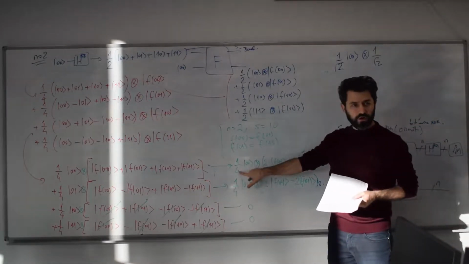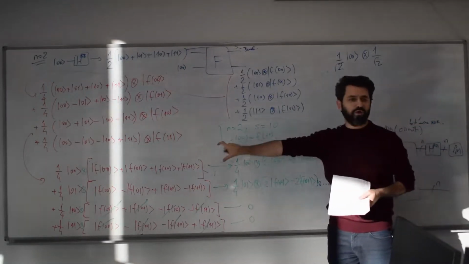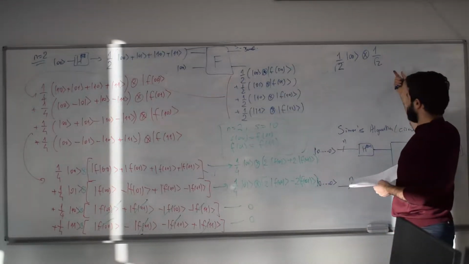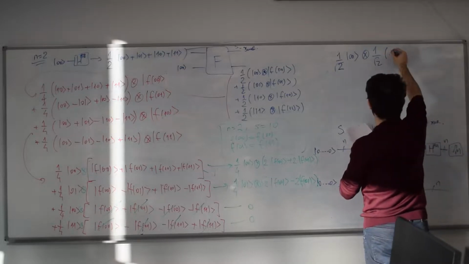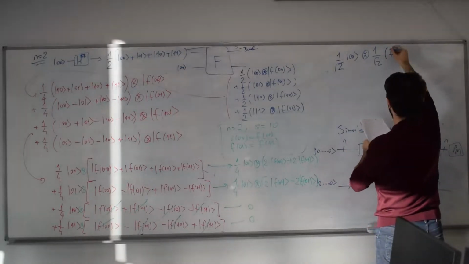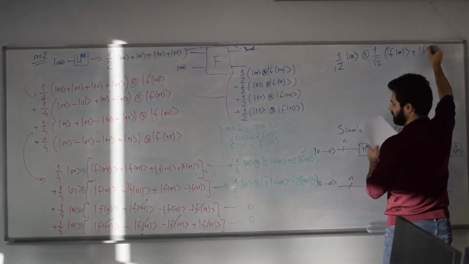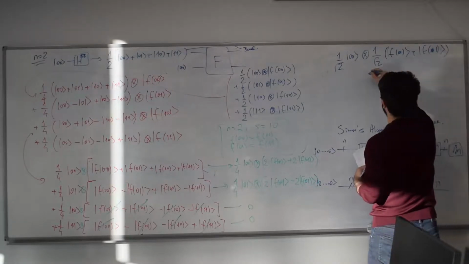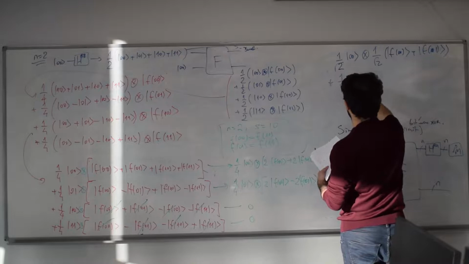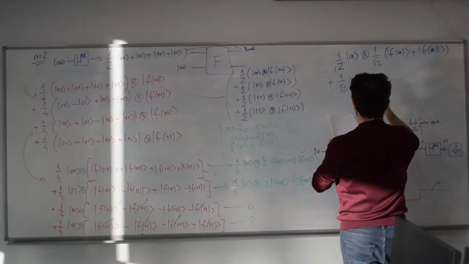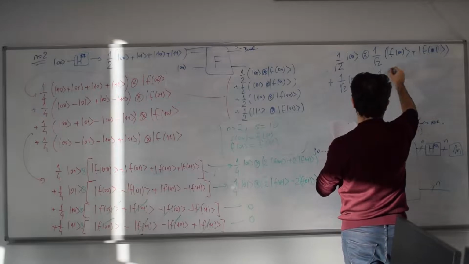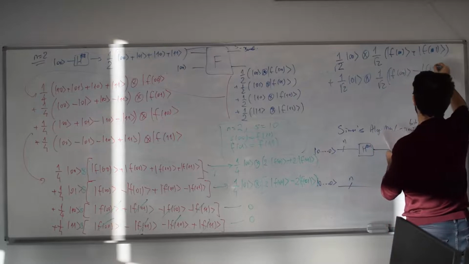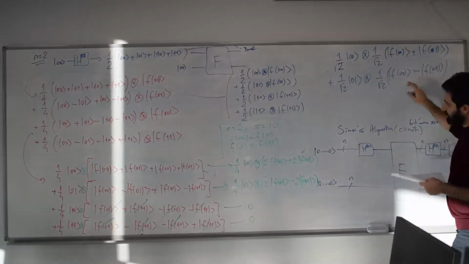These two cancel this 4, makes it 1/2. So I actually put 1 over square root of 2 in one double qubit and the other 1 over square root of 2 for the other double qubit. So I got F00 plus F01, right? And plus 1 over square root of 2, |0,1⟩, that is tensored with 1 over square root of 2, F00 minus F01. Okay? This minus sign is due to this minus sign.